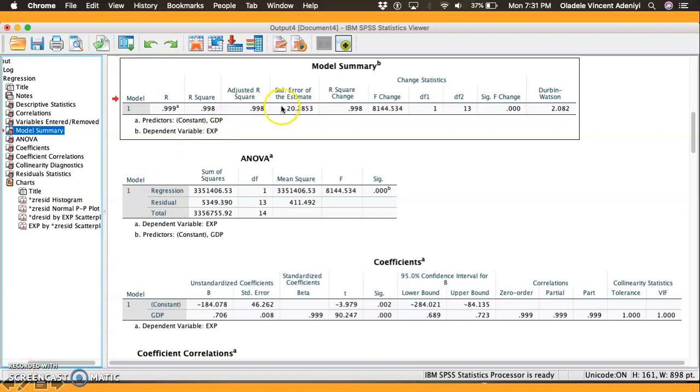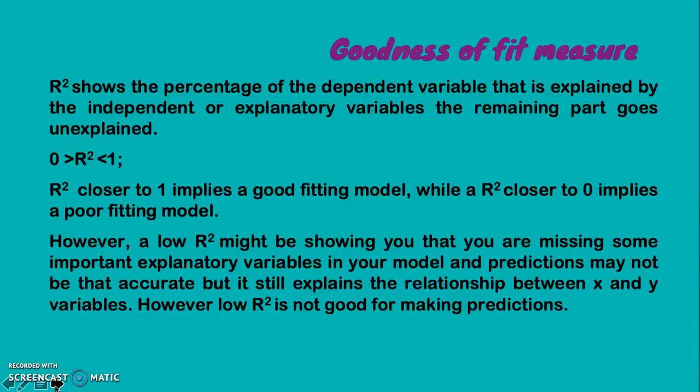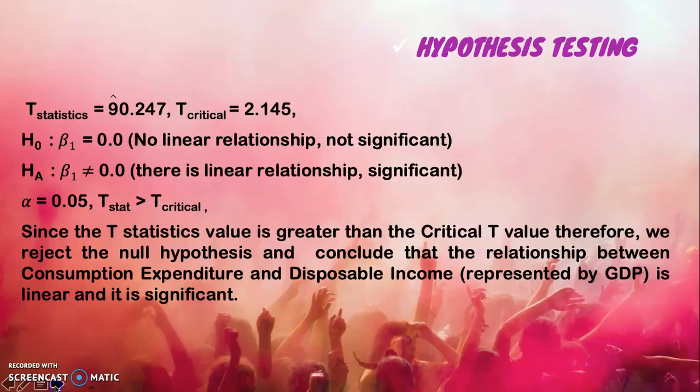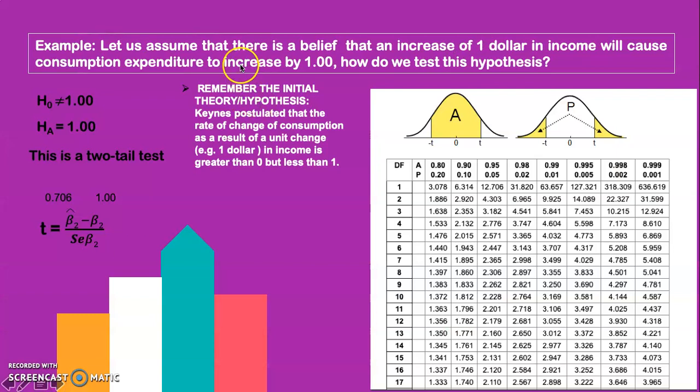The standard error of the estimate is 20.2853, as it is shown here in the linear regression analysis results. Now, how are we going to test the new hypothesis?